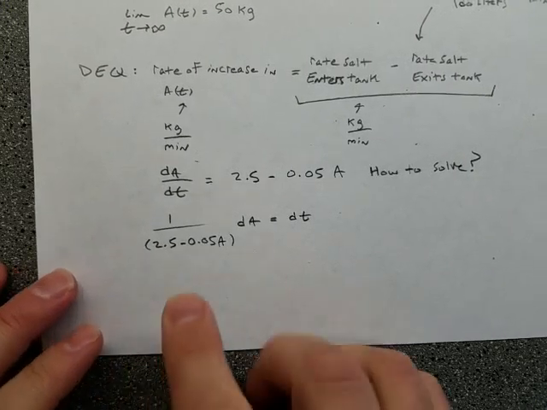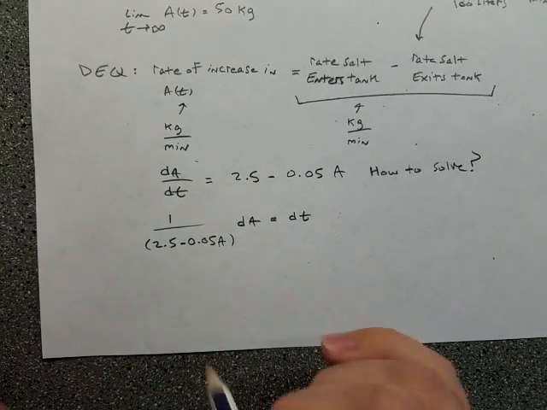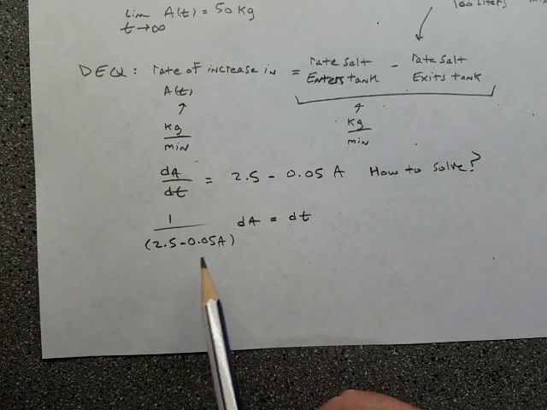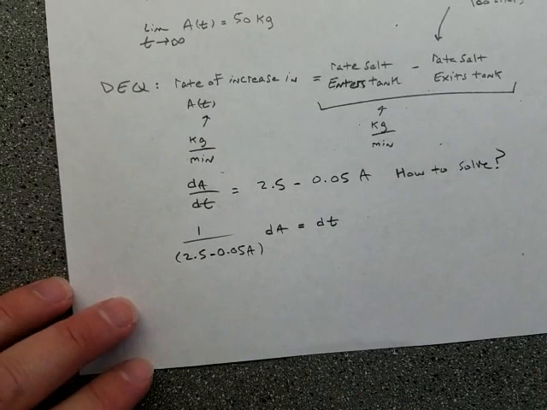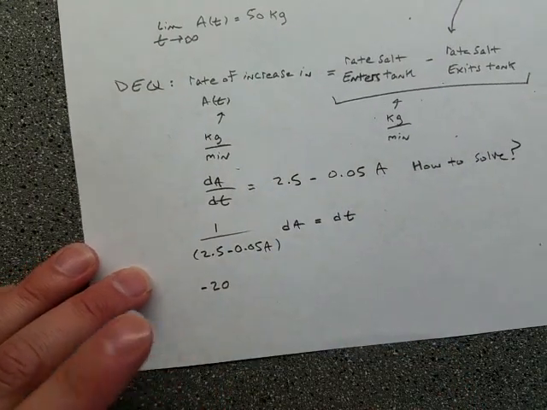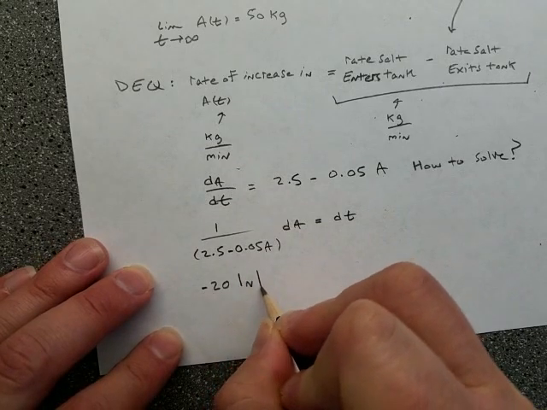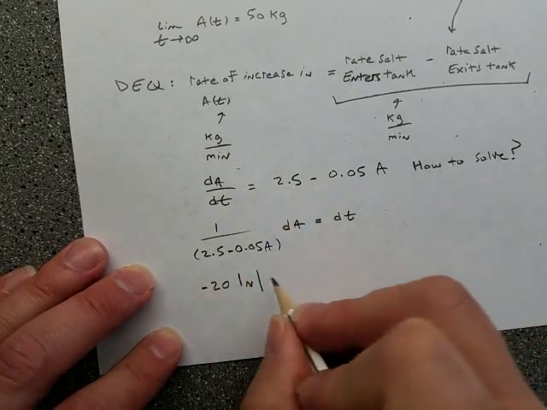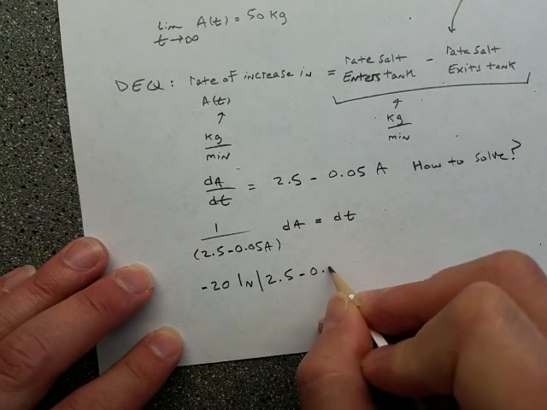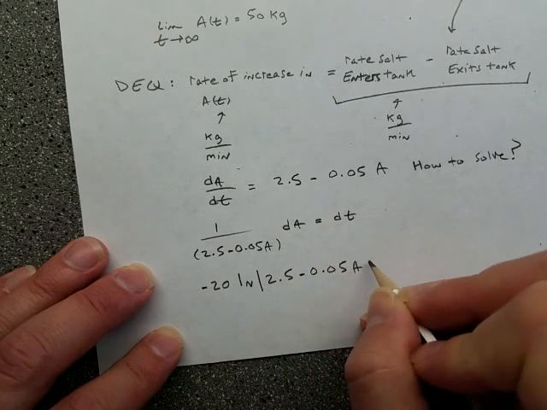Now, let's say that you integrate both sides, and this would be a basic U substitution logarithmic form of integration. And we'll get coefficient negative 20, natural log, absolute value, 2.5 minus 0.05a.